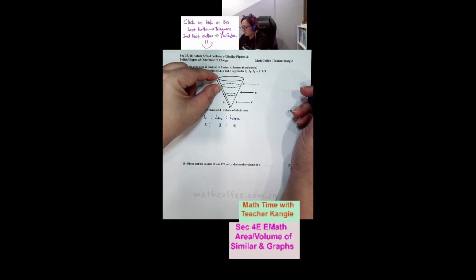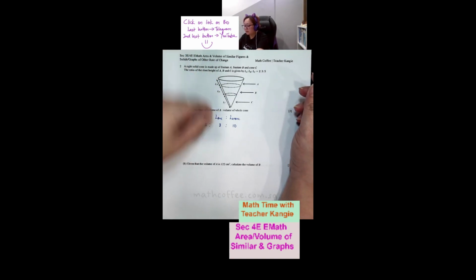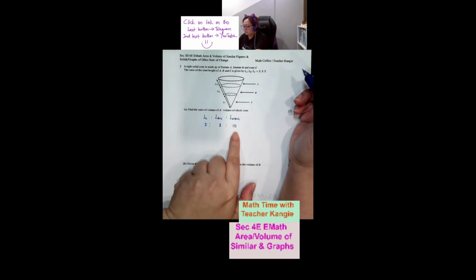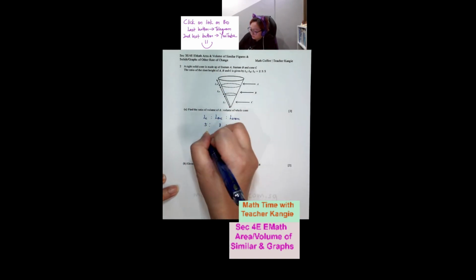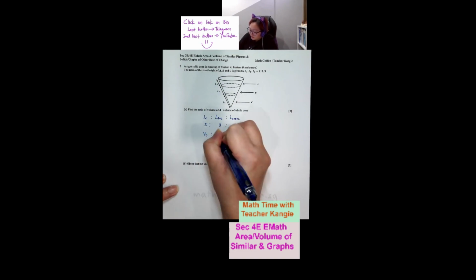They ask for the ratio of volume A. Take note, volume A means they are asking for the volume of the frustum only, and then after that, the volume of the whole cone. So now with this, let's find out what our VC, V of B plus C, V of A plus B plus C are. Remember I said for volume ratio, we use the length ratio and cube it.